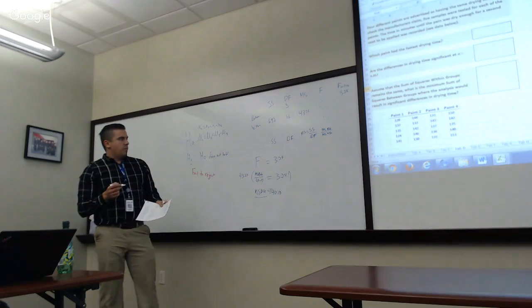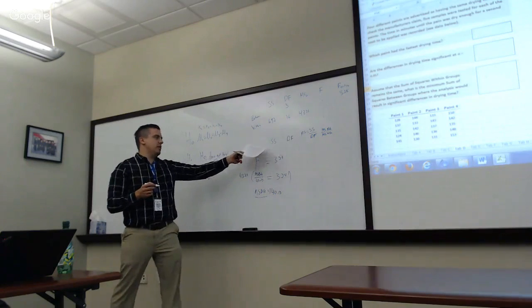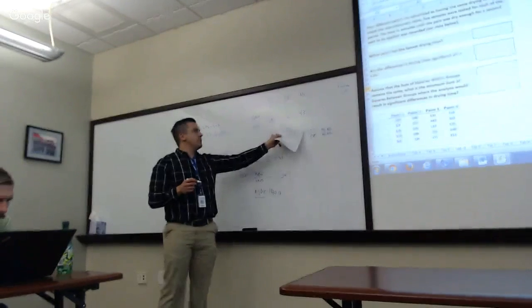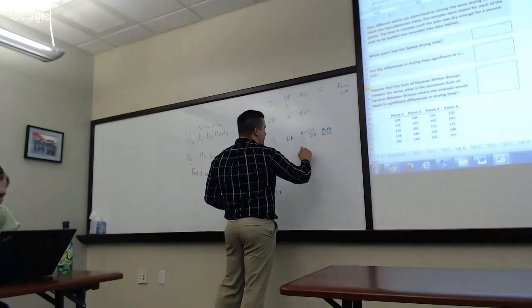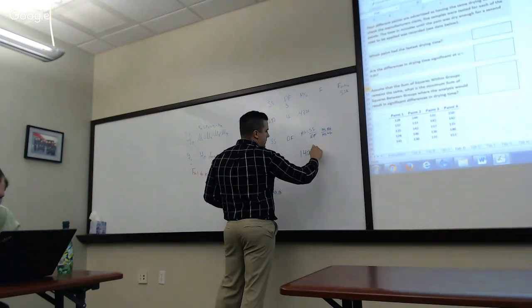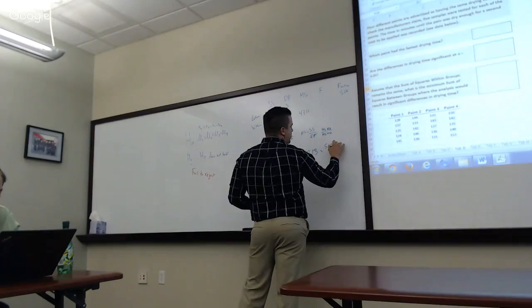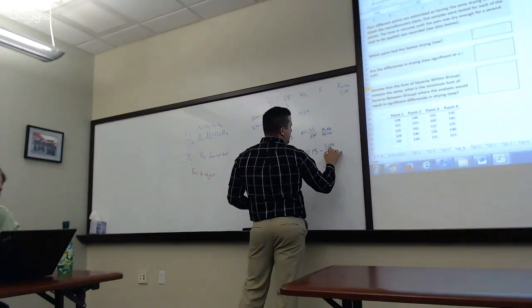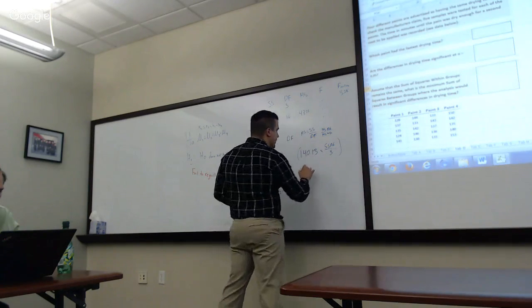So what we're trying to find is not our mean squares, but our sum of squares. And we know that our mean squares is equal to our sum of squares divided by our degrees of freedom. So we know that 140 is going to be equal to our sum of squares between groups divided by our degrees of freedom, which is 3. We're going to multiply this whole equation by 3.